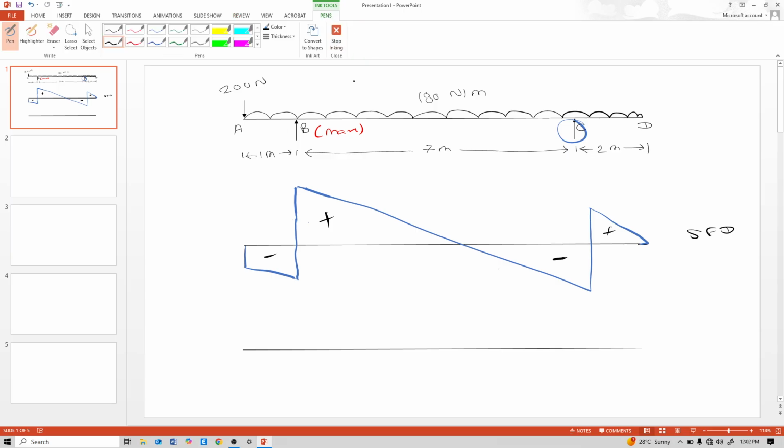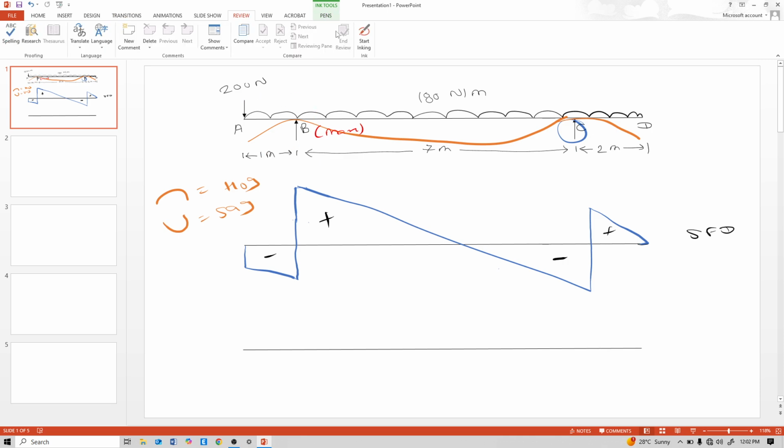Before that, see, this beam deflects like this. So this is hogging and this is sagging. For that portion, hogging moment generates.